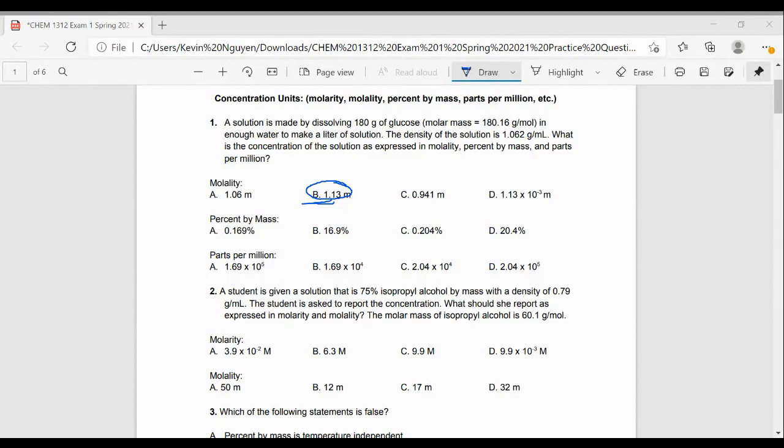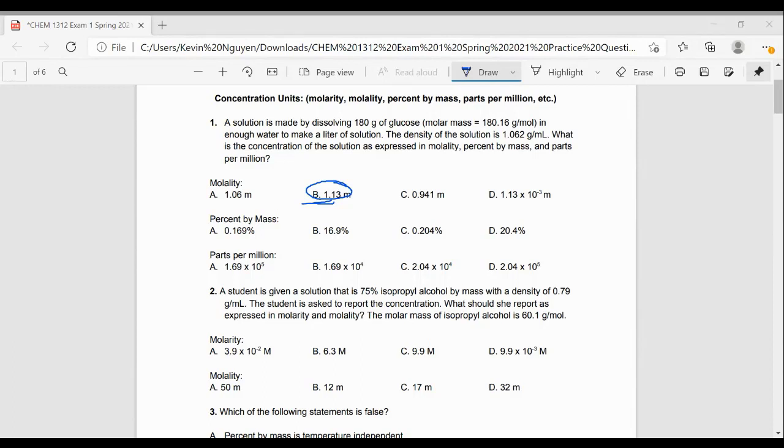Okay, and so for percent by mass, I understand I'm being recorded to be uploaded onto YouTube, so I should at least give an explanation of how to do each portion of the problem. Molality we just did. For percent by mass, you want to figure out the mass of our solute divided by the mass of our total solution, and then multiply that by 100.